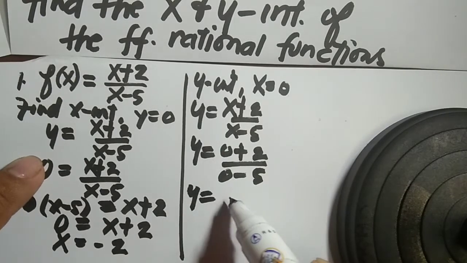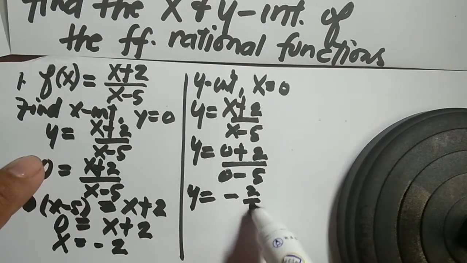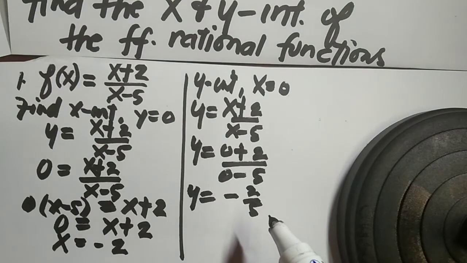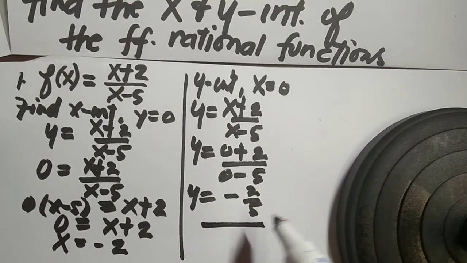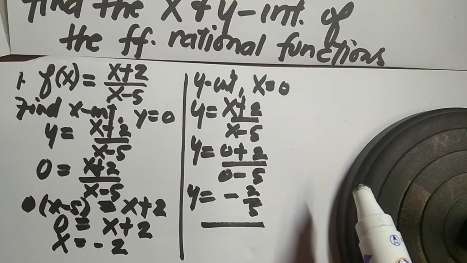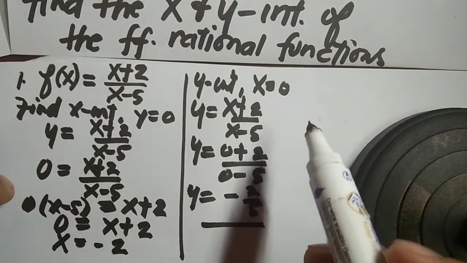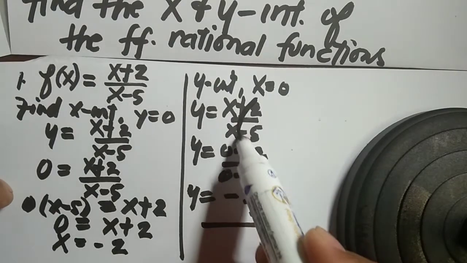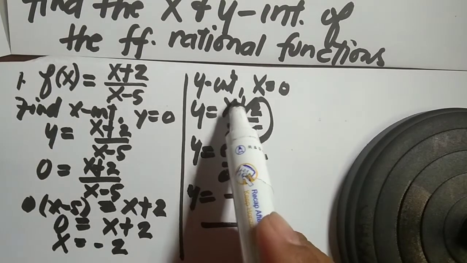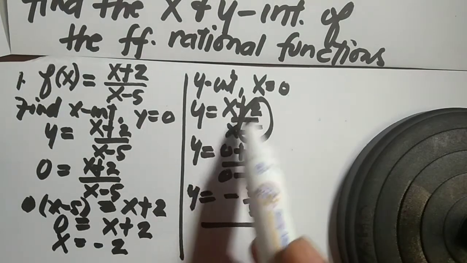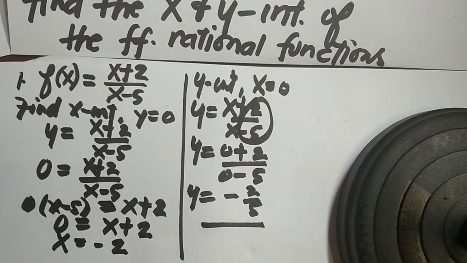Therefore y is negative 2 over 5. So our y-intercept is at negative 2 over 5 of y. Or easily, you can take the constant, that is 2 over negative 5. That is the technique, because you have 0 for x, so you have 2 over negative 5. So that is the x and y intercept of problem number 1.